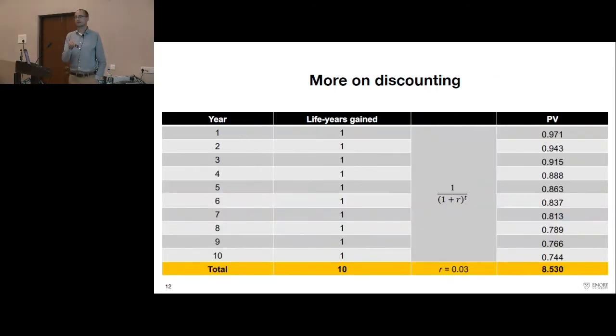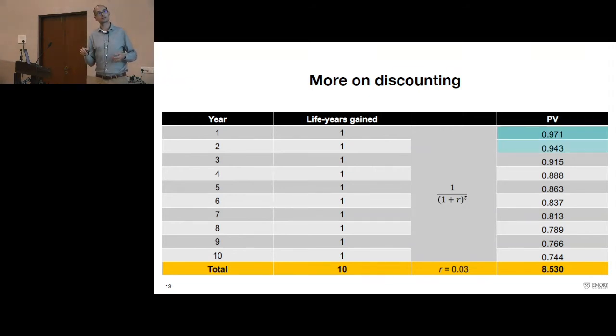So if we have 10 years of life, which is the maximum that we can gain in this example, each year we gain 1 year as the future value of it. So the total is 10. If we assume a 3% annual discount rate, the present value of the first year of life is 0.971, and it keeps decreasing, and the 10th year of that life is valued at 0.74 QALYs in present value.